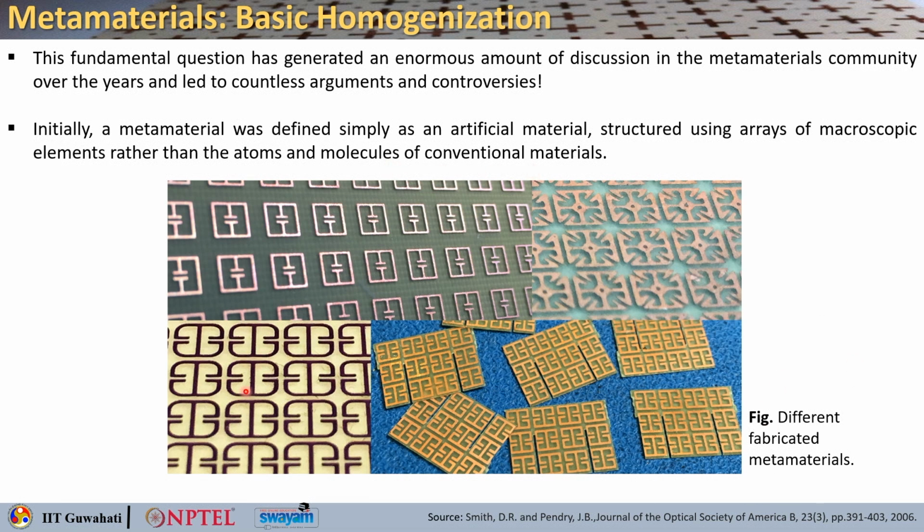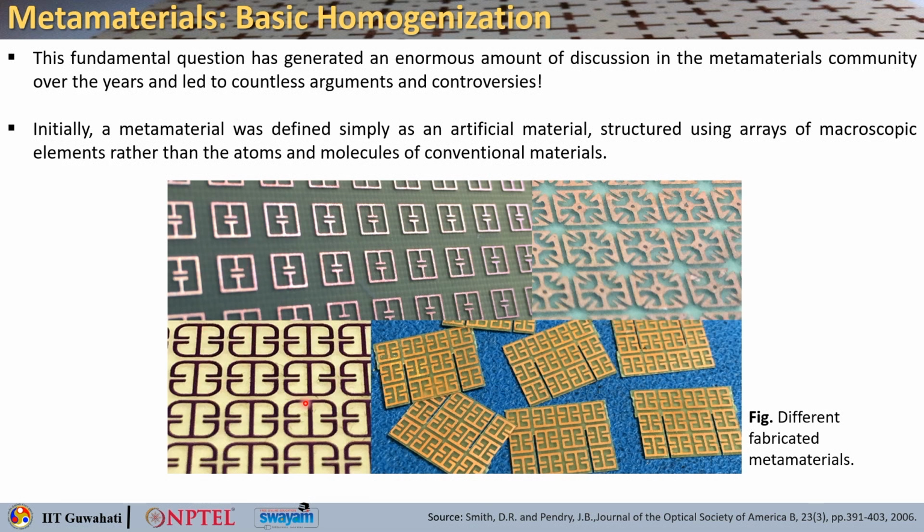So, these are different pictures of fabricated metamaterials. These are the unit cells or meta atoms, which basically have some physical design structure, and this design is different from all other designs, and they show you different properties. So, this physical structure is important, and their periodicity is also important.